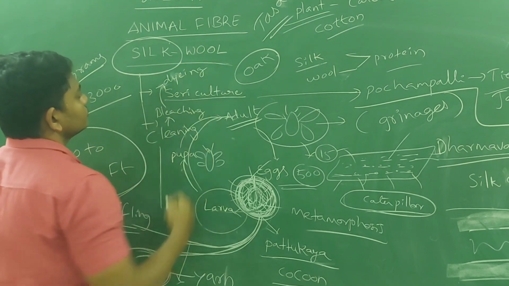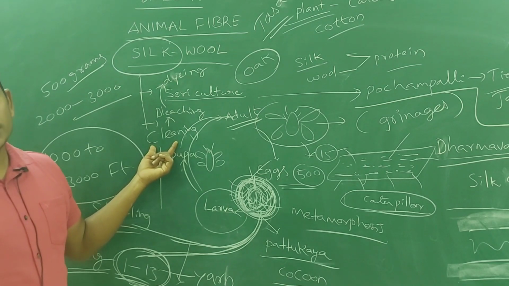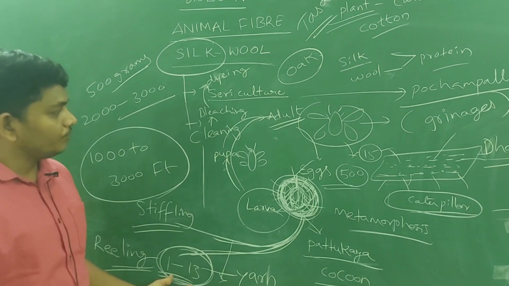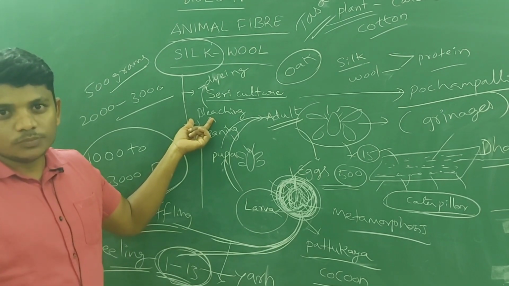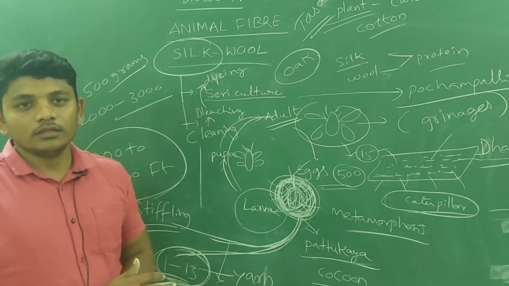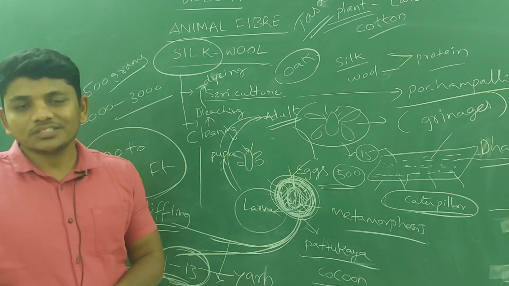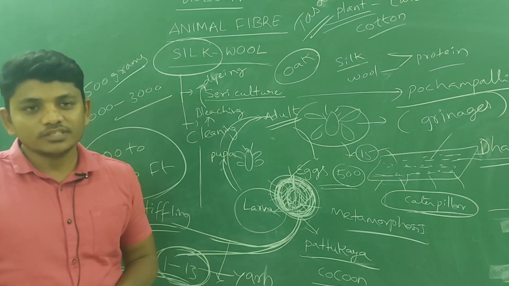Cleaning is to remove the waste, the dust in the air, and bleaching is to kill the harmful microorganisms, and dyeing is nothing but applying colors to the thread. With this colored thread material, we can make some products like sarees and shirts.